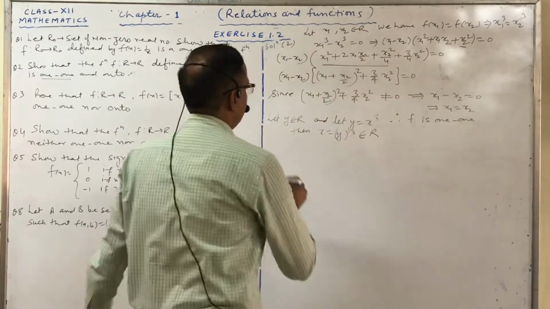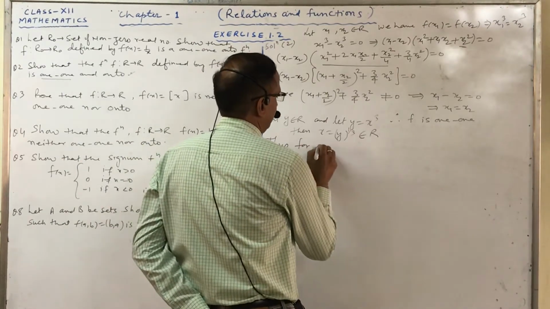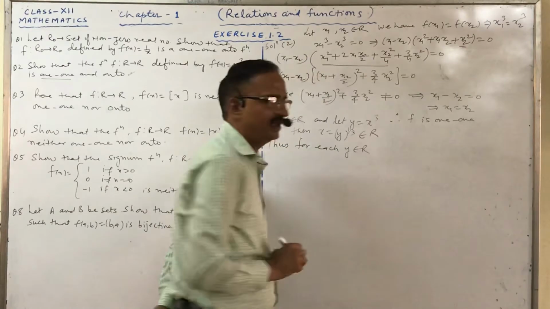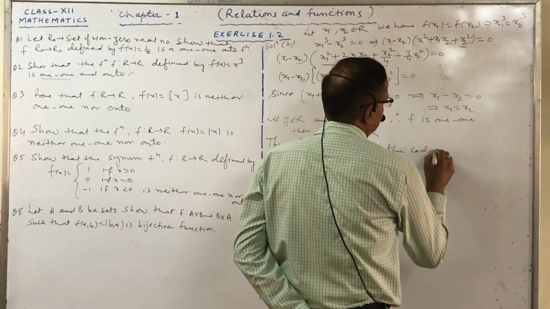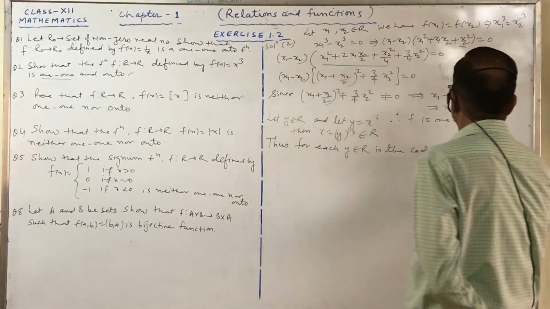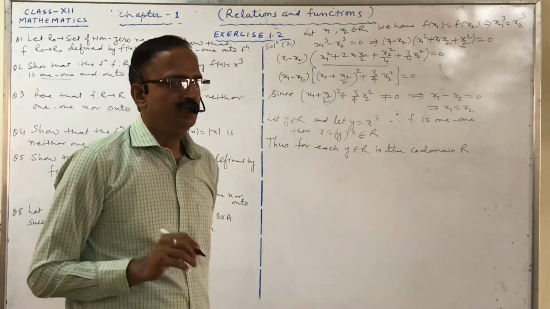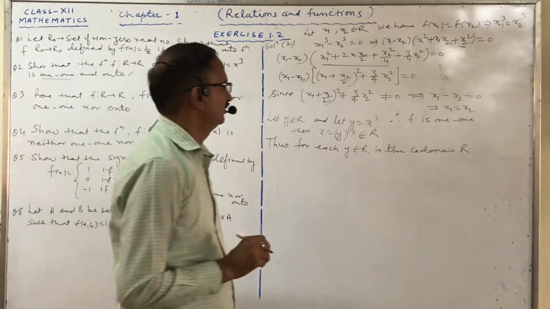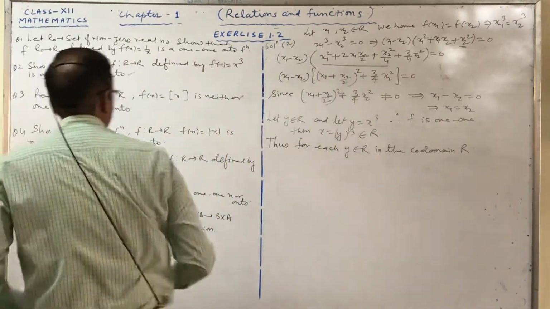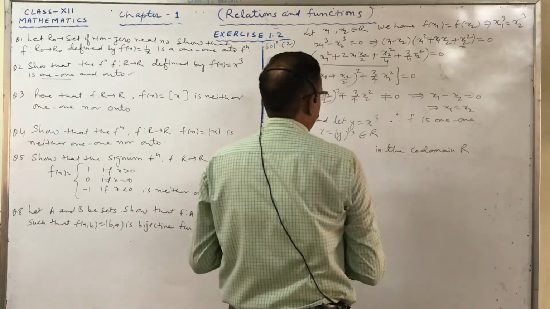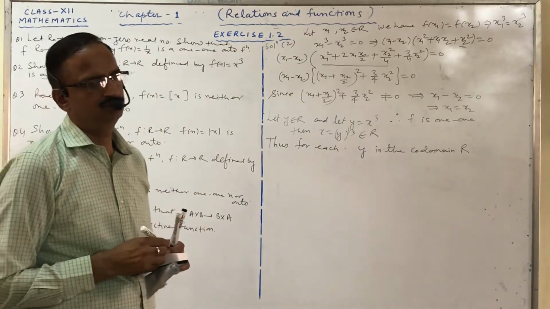Okay. Thus, for each y belongs to R in the codomain, or simply we can write, for every y in the codomain R. The meaning is same.